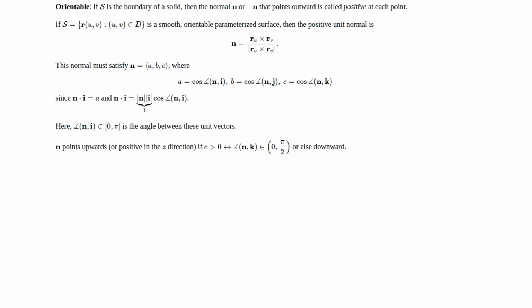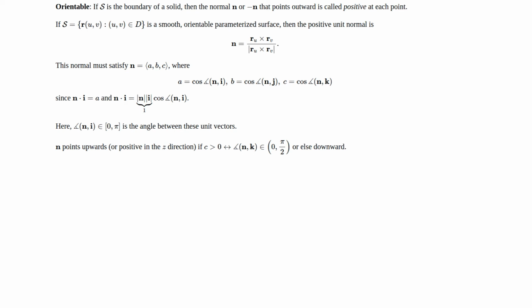Now, very often we won't worry so much about the positive unit normal. Instead, we'll say we want an n that points upwards or inwards or outwards. An n that points upwards, or positive in the z direction, is the normal such that C is greater than 0, meaning the angle between n and the unit vector k is between 0 and pi by 2.